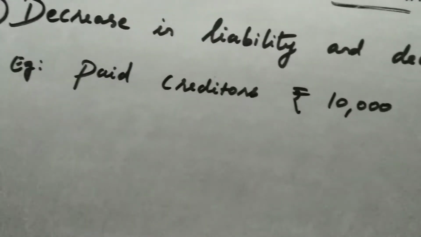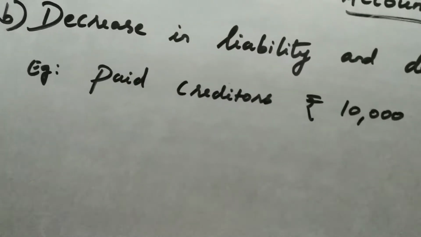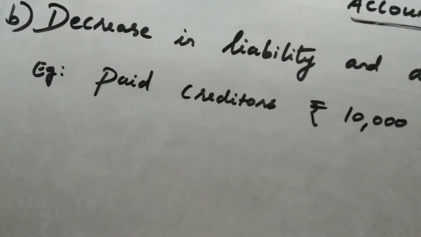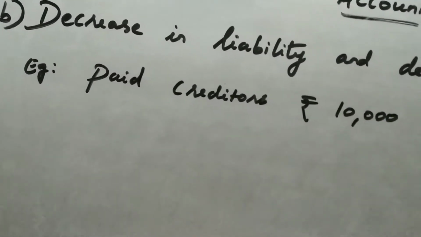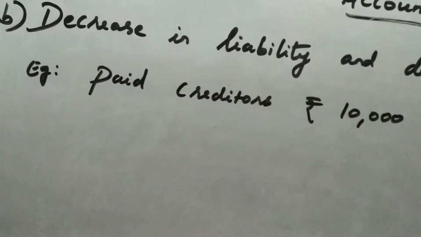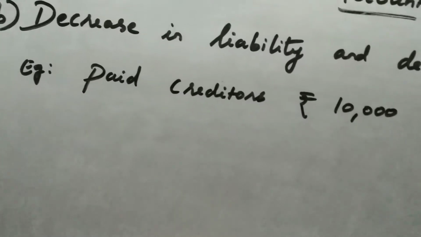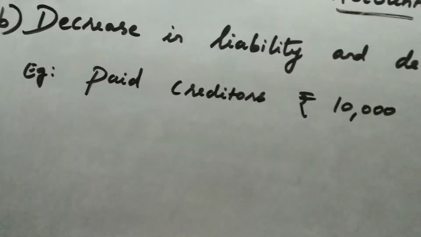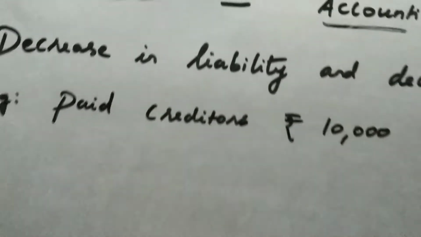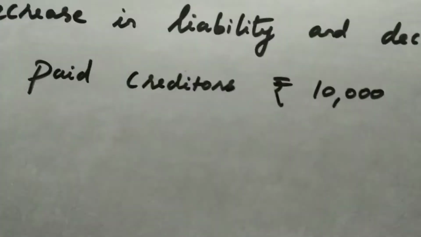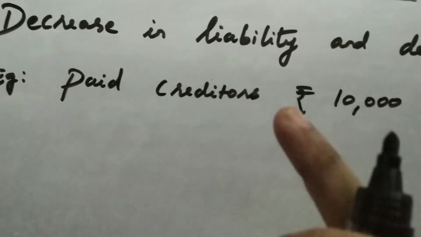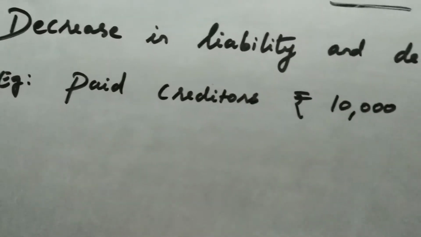It can be a banker or any financial institution, or a person from whom we have borrowed money, or it may be our suppliers. So we are now paying the creditor rupees 10,000.